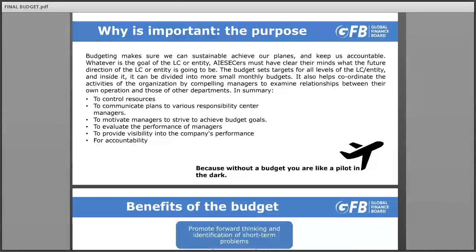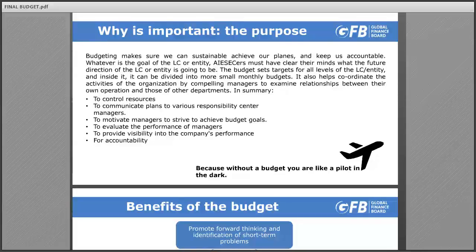The next question that I would like to ask is, why is it important? What is the purpose? Budgeting makes sure that we can sustainably achieve our plans and keeps us accountable. Whatever the goal of the LC or entity is, AIESECers must have clear in their minds what the future direction of the LC or entity is going to be.